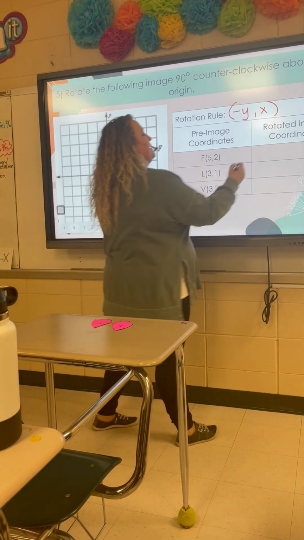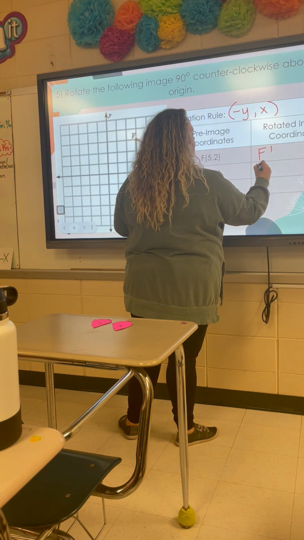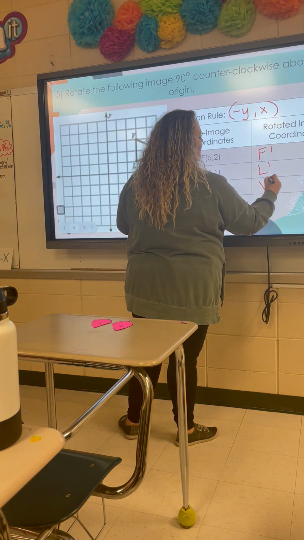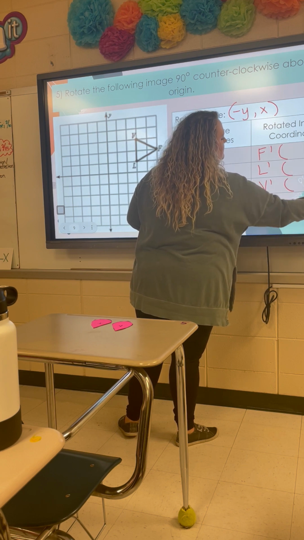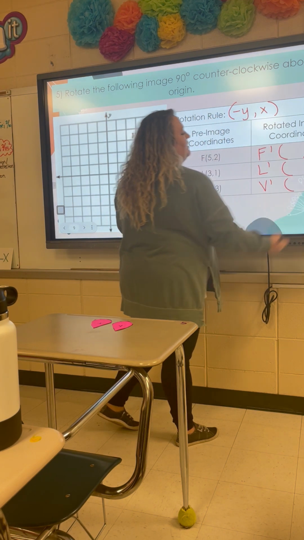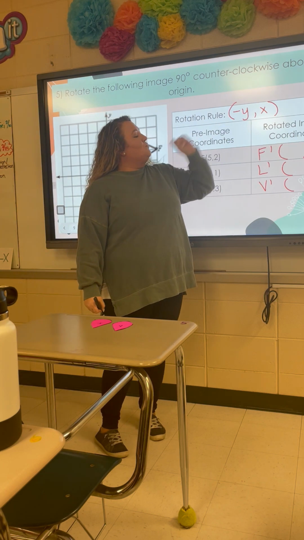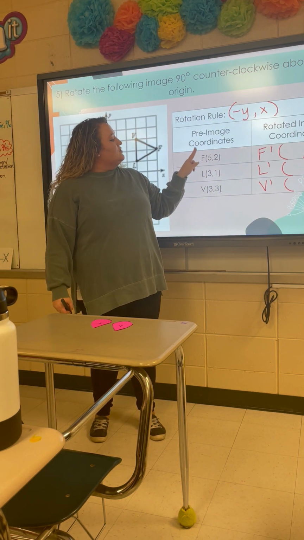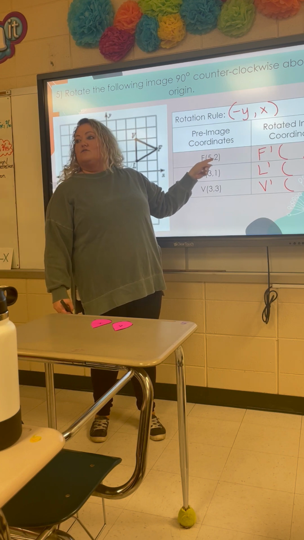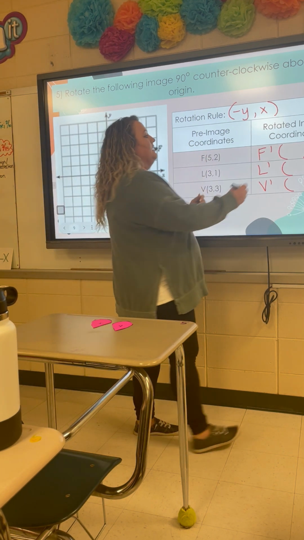All right, so I'm going to get my paper set up for F prime, L prime, and V prime. Set my parentheses up. We're going to be switching them and changing the Y value sign. So 5 and 2 we switch, and the Y value 2 becomes -2.